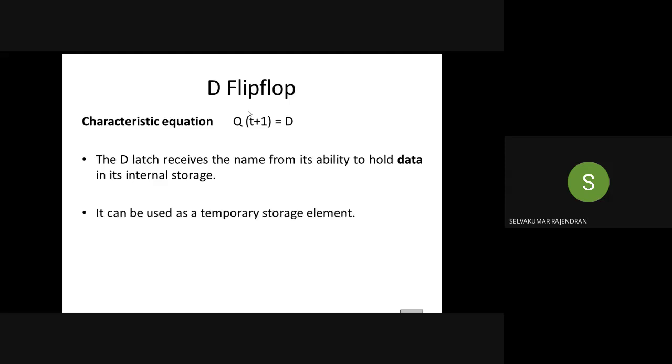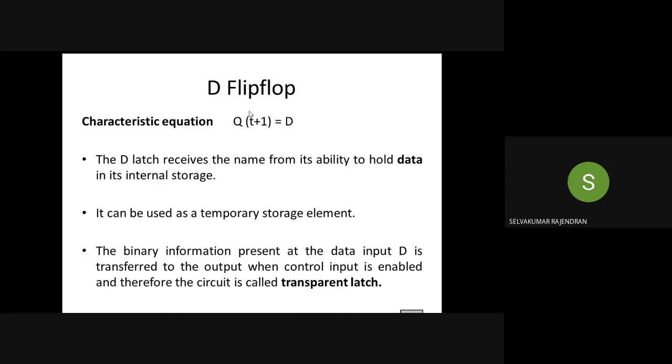So it can be used as a temporary storage element, because whatever input we apply will be available on the output line Q. The binary information present at the data input D is transferred to the output when the control input is enabled. So this flip-flop is also called a transparent latch.